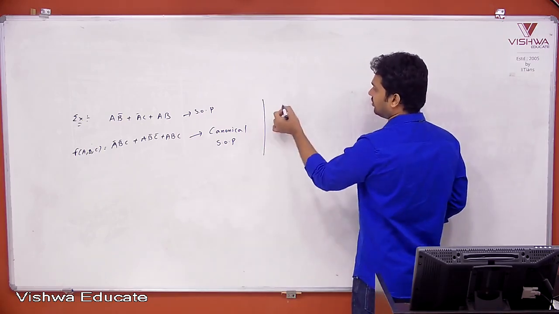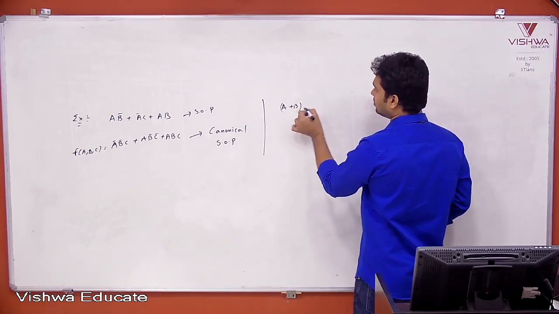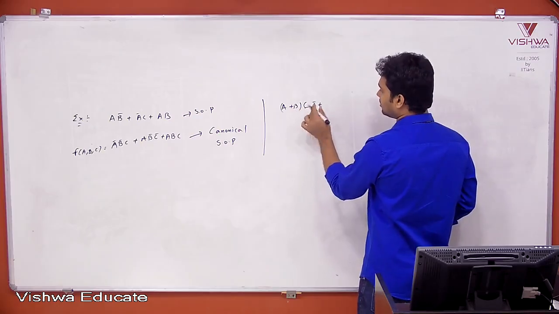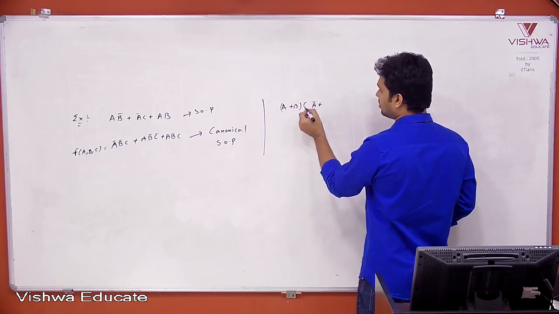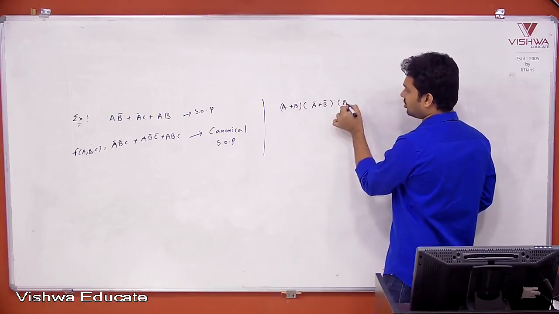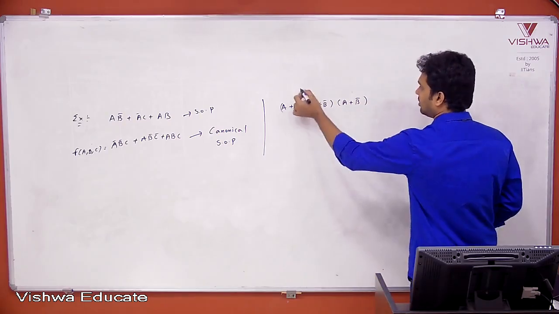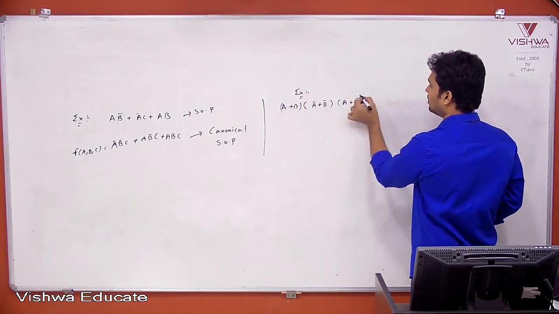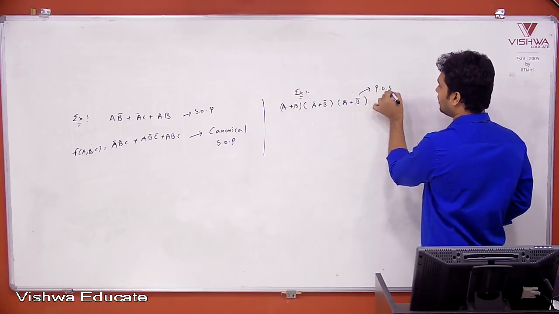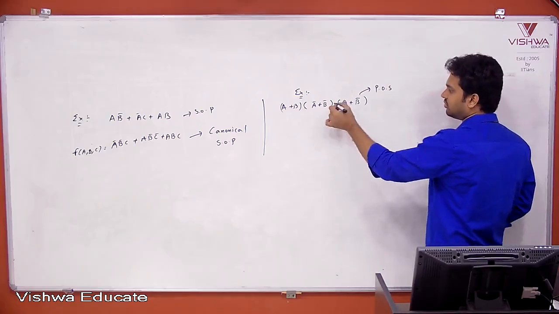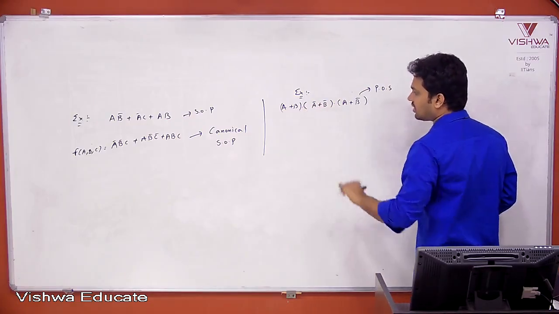Similarly, if you have A plus B into A bar plus B bar into, please don't copy, A plus B bar. Some function is there like this. This is POS, product of sums, but it is not canonical.